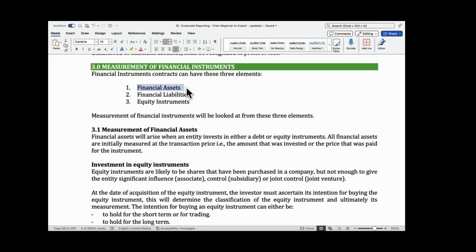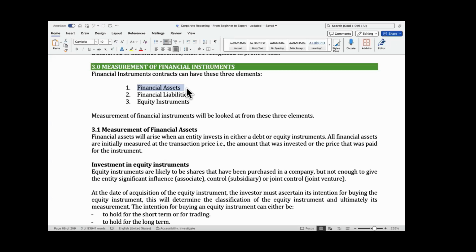Then we narrowed down to equity. When you buy shares, initially you measure them at the money you paid for those shares. Then at the date you bought them, you need to do classification. You need to understand why you have bought these assets. Are you holding them for the short term or for the long term?